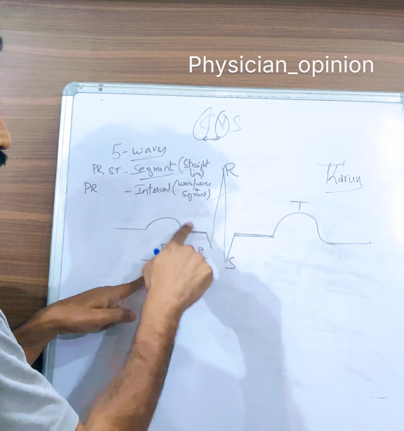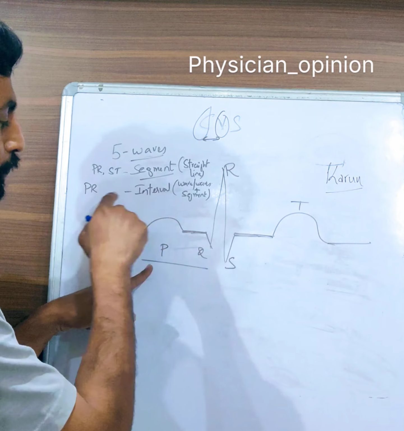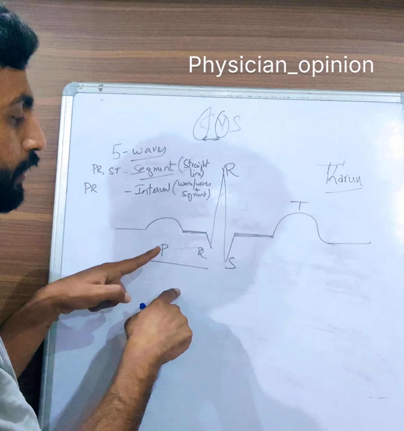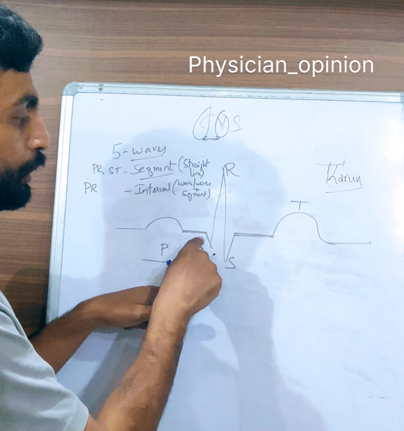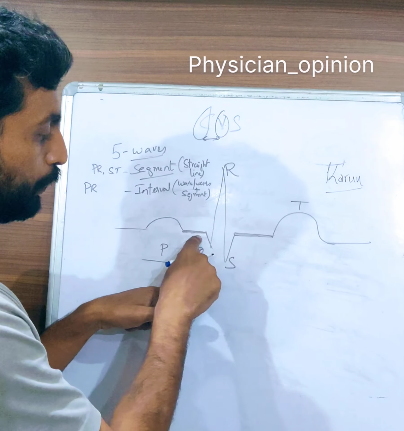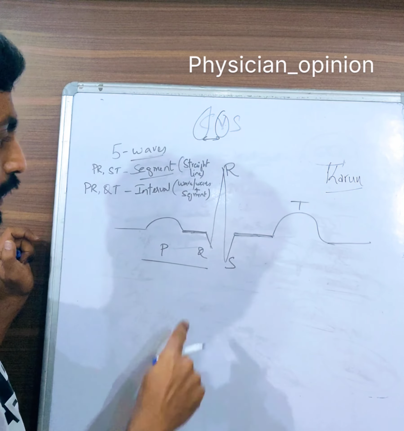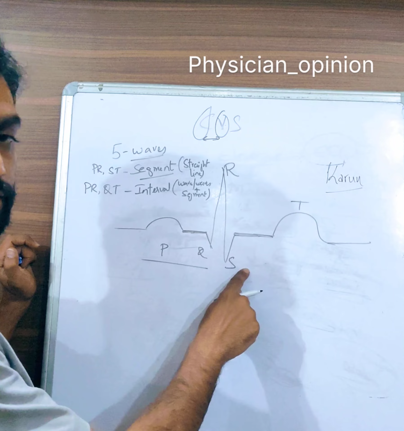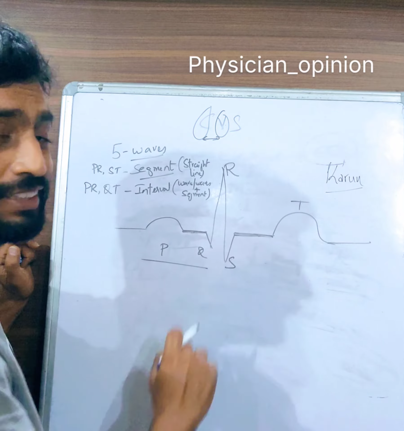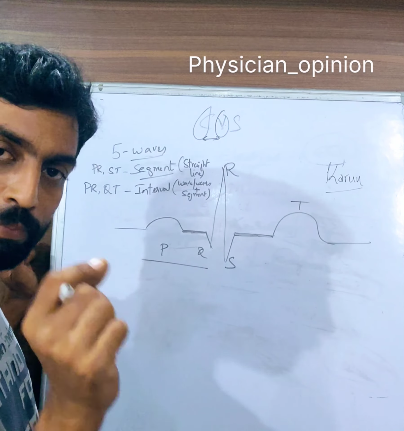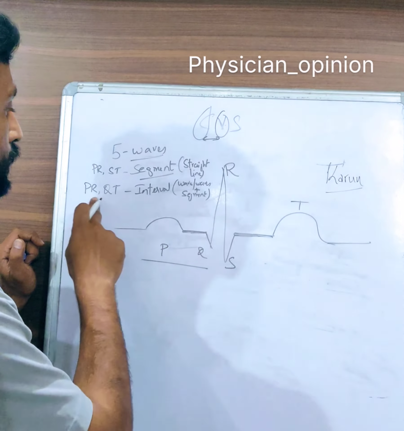It has one segment, that is the PR segment, and the P wave, a wave and a segment. Next is the QT interval. Q, R, S are waves, T is a wave, and there is a segment, that is ST. ST segment plus Q wave plus R wave plus S wave plus T wave is called the QT interval.